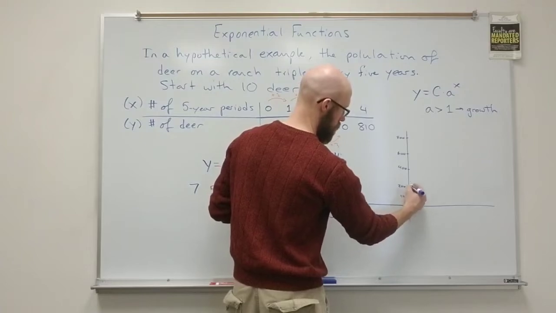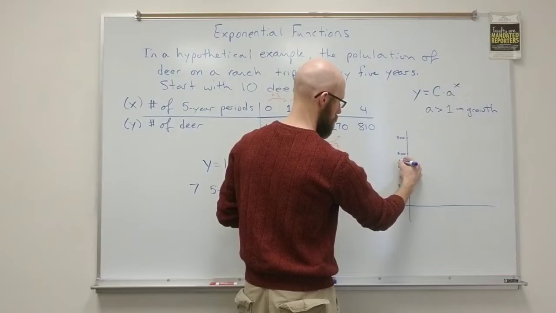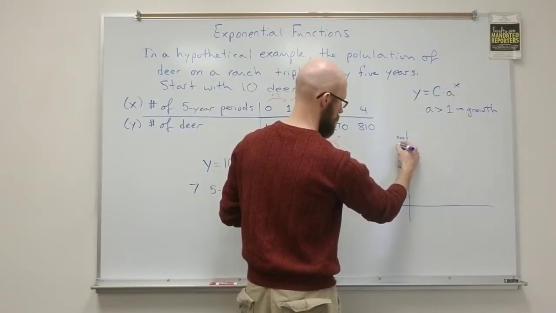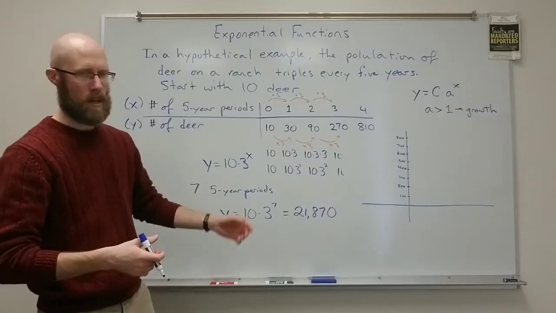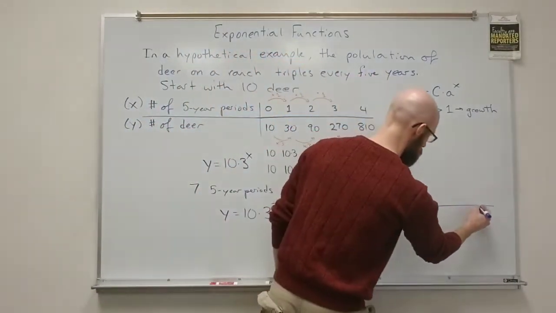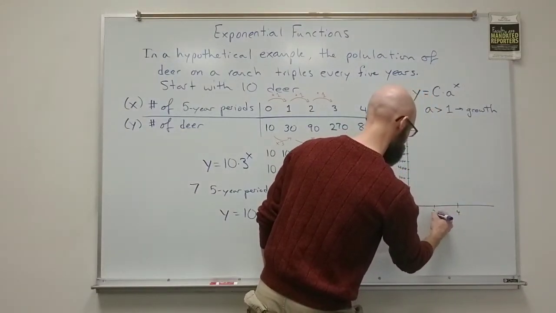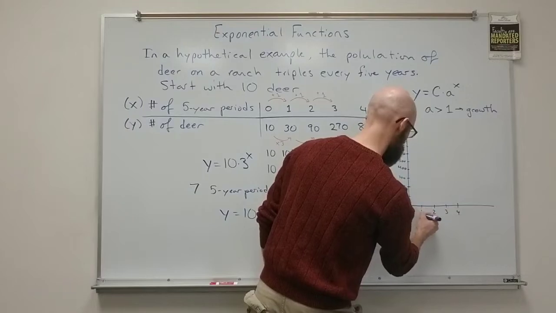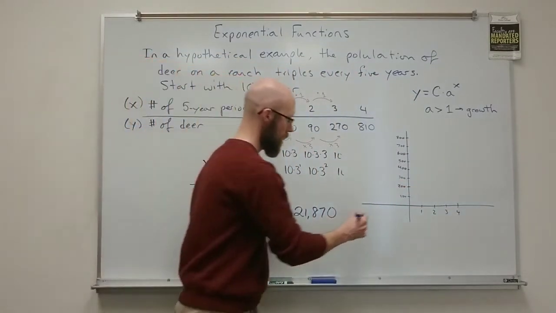Maybe I'll get every 100 in here. And then we can figure out the rest. Just kind of estimating. Okay, so there's up to 800, a little bit of buffer there. And then going out to the right, we'll go out to 4. 1, 2, 3.